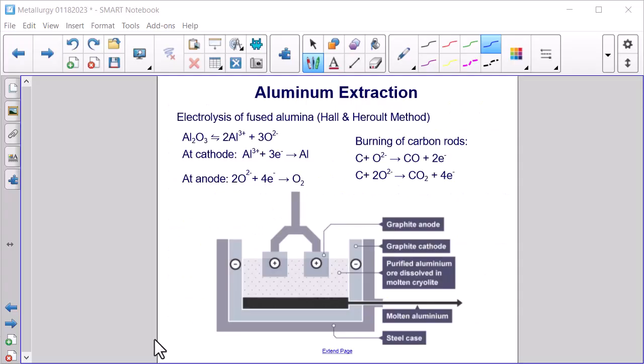All right, so here is an image of the electrolysis of fused alumina, Al2O3. We have our graphite cathode and our graphite anode. And in this molten cryolite solution is our purified aluminum ore, our Al2O3.